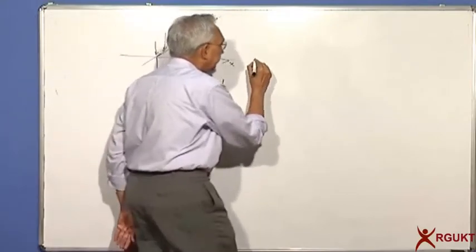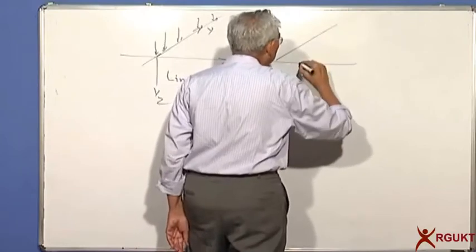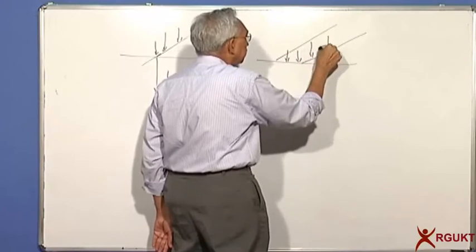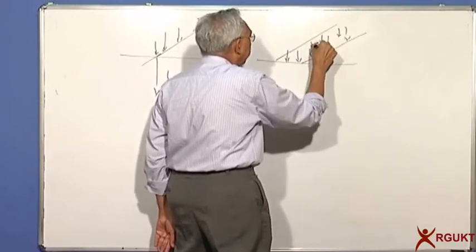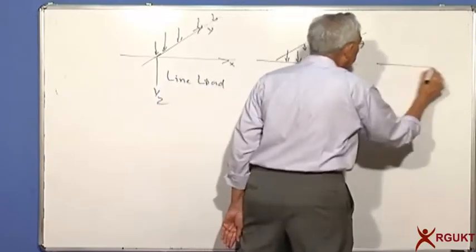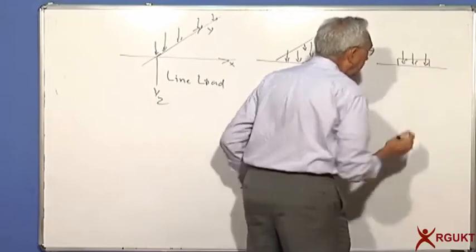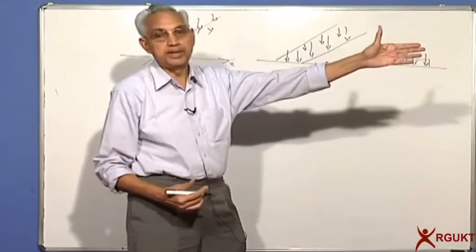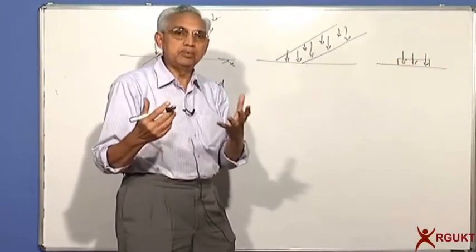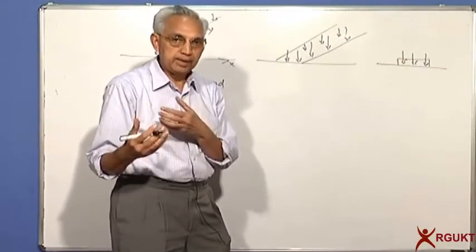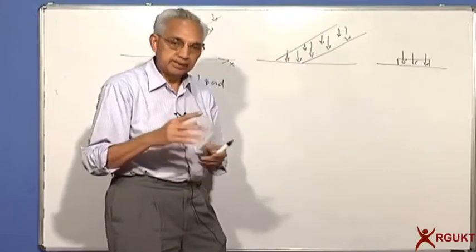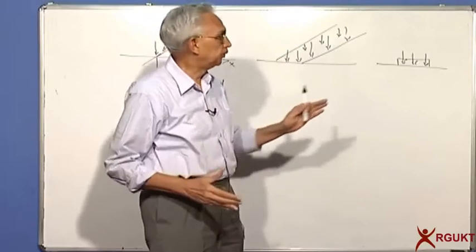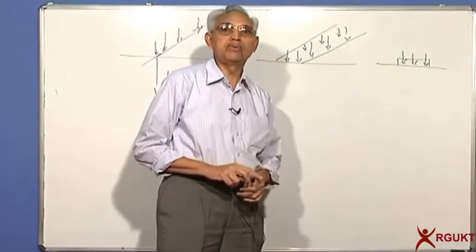The next extension would be a strip load. The ballast will distribute the load over a finite width. So when I'm looking at a load distributed over a finite width, this extends to infinity. You can look at a simple compound wall in your house or adjacent to it. It runs, let's say, 5-10 meters, and the load of the wall is distributed through the footing over a finite width.